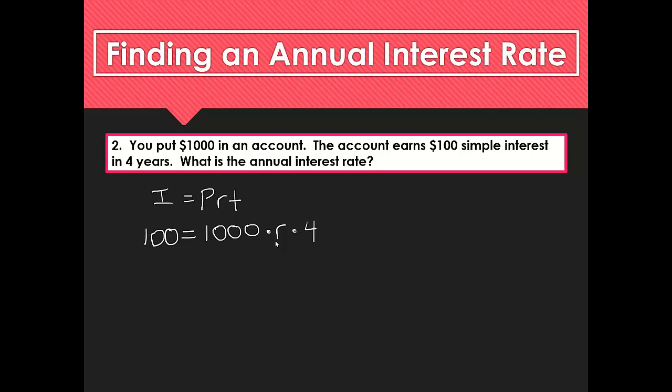R was our rate, which we do not know, and 4 is the time. So now we're going to have 100 equals 1,000 times 4, which is 4,000, times R. To solve this, we can divide by 4,000 on both sides.